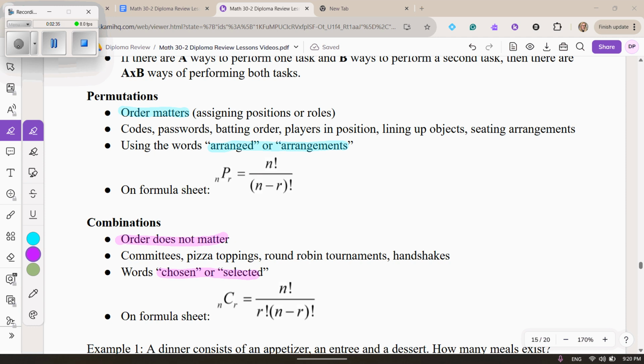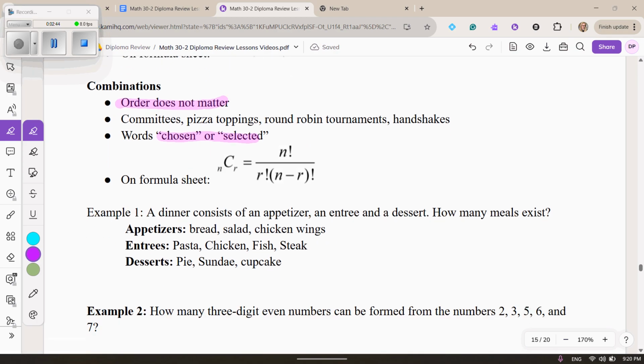So when we start these questions, the first thing that I will talk about is how do we know what strategy to use? So let's try example number 1. Example number 1 says a dinner consists of an appetizer, an entree, and a dessert. How many meals exist? So this is an example of the fundamental counting principle.